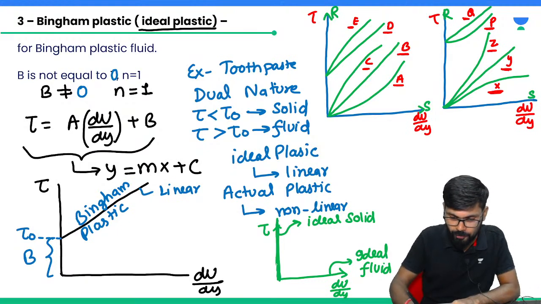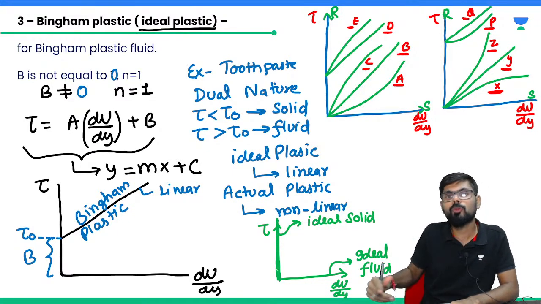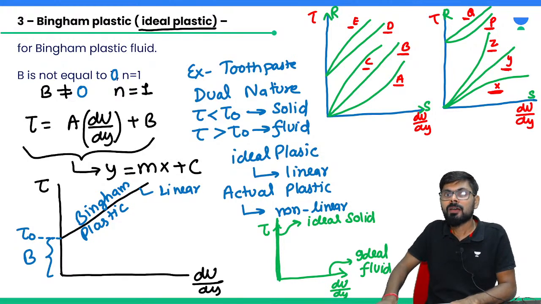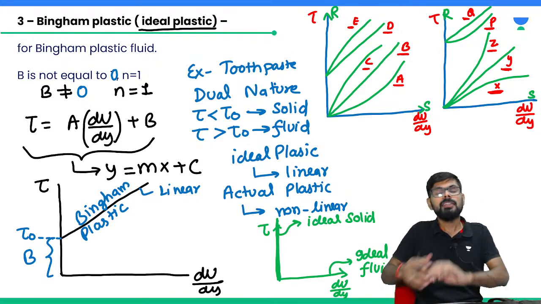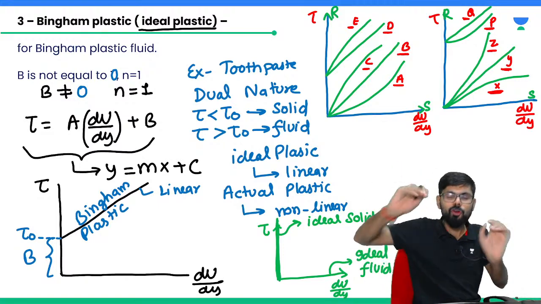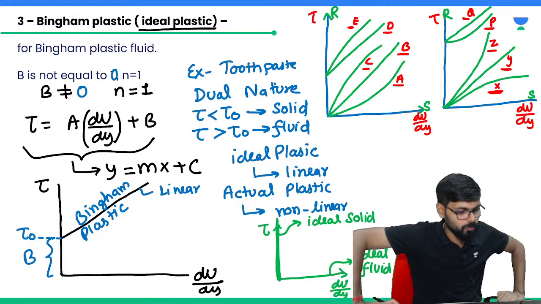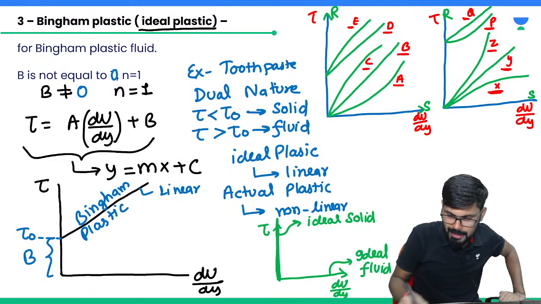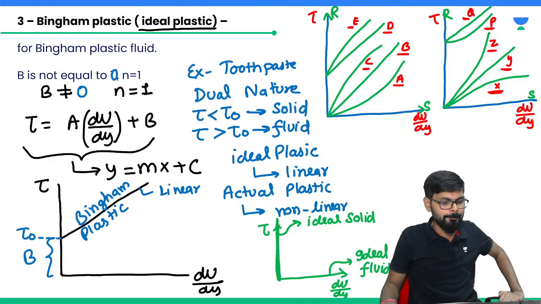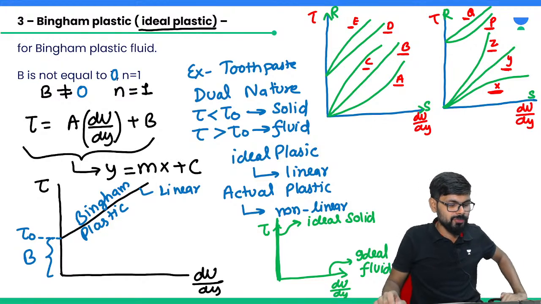So for all values of tau, the du by dy value is 0. It means that it is rigid. What you study in engineering mechanics as ideal solid, that means it will not deform. Any force you apply it will not deform. Clear है बेटा? So this is ideal solid, this is ideal fluid. Clear है? Shall I move to the next one?